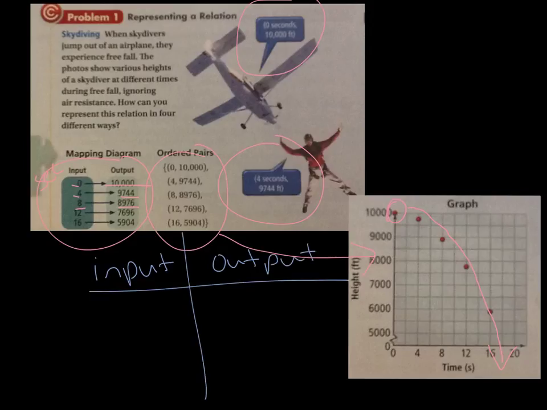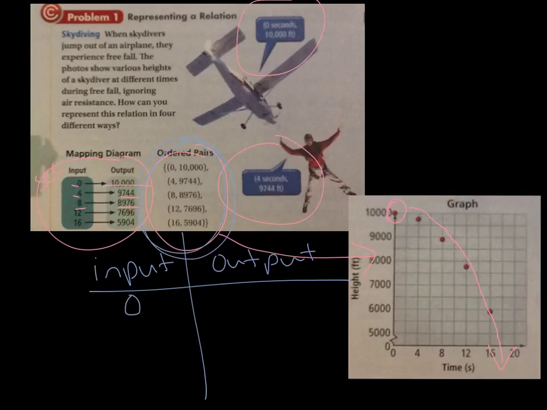Okay, so now what we need to do is turn this into a table. So in a table, we have the input values and the output values. And the input values are always the x's, and the output values are always the y. So what we're going to do is look at these ordered pairs right above here, and we're going to list them in table form.